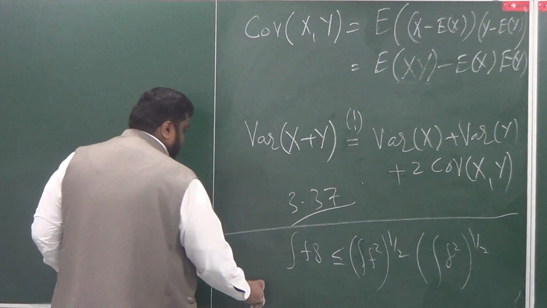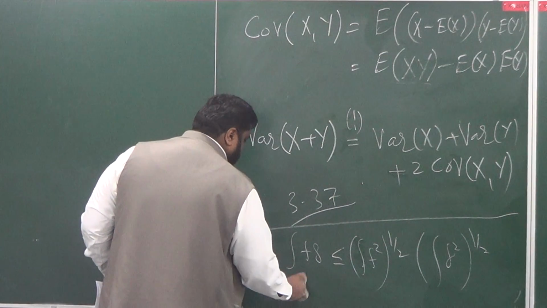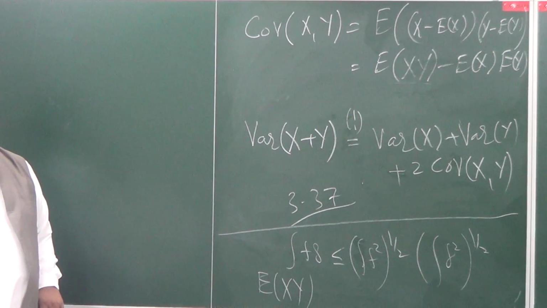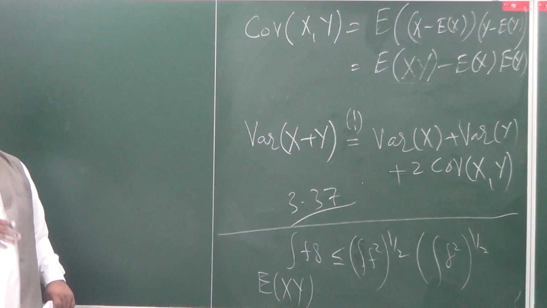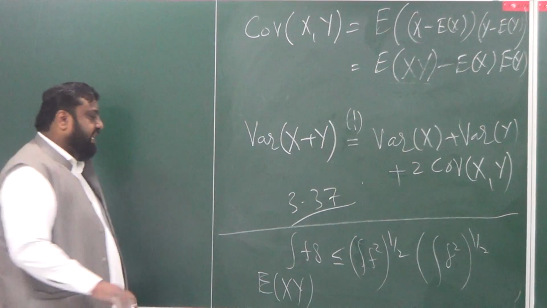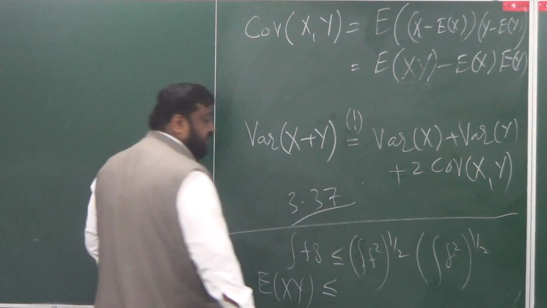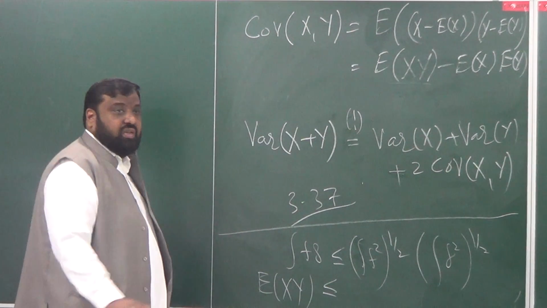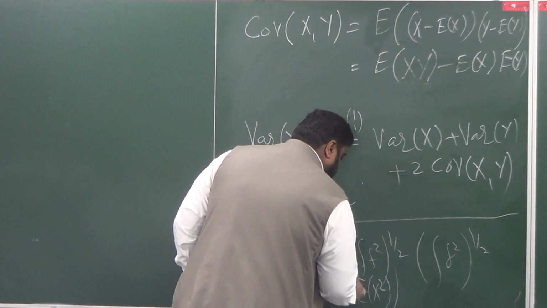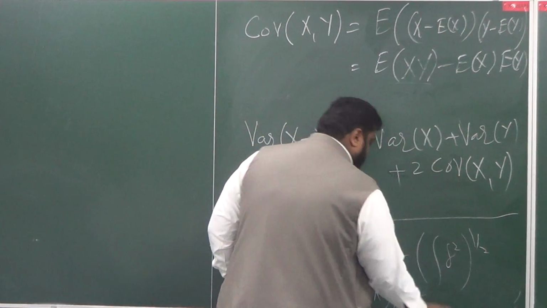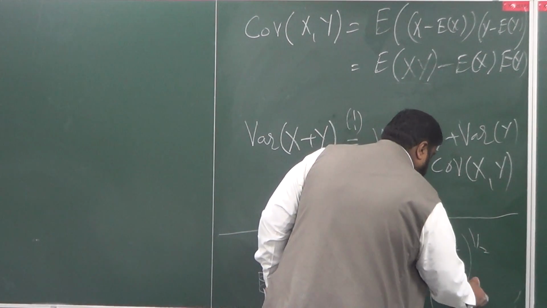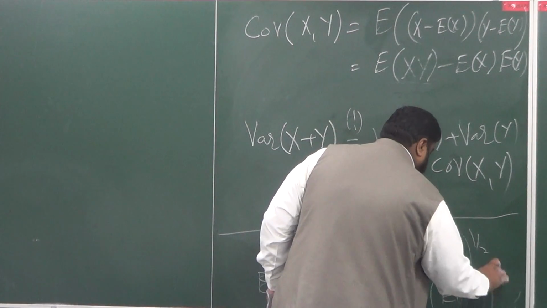So if I have the expectation of xy, which is the integral of xy with respect to the probability measure, then this is less than or equal to the expectation of x squared to the power 1/2 and the expectation of y squared to the power 1/2.